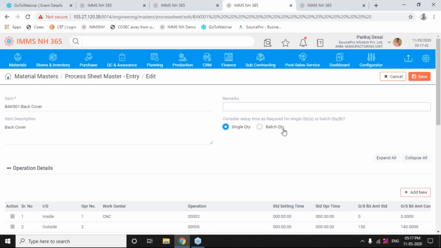Please note that the bill of material that we discussed and the process sheets, the container of these two together, is called work order or job card, and this is a very critical thing for multiple reasons. One being it controls the manufacturing activity on your shop floor, that is, what do I need to manufacture and how do I manufacture.